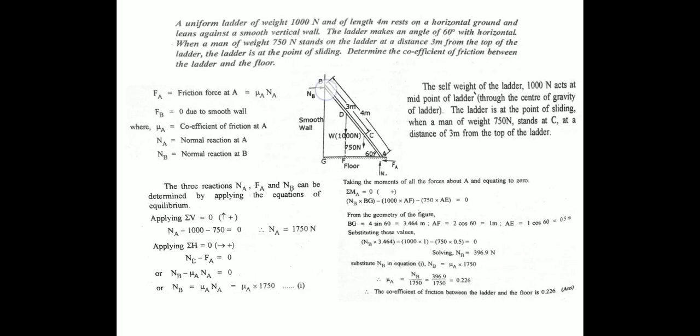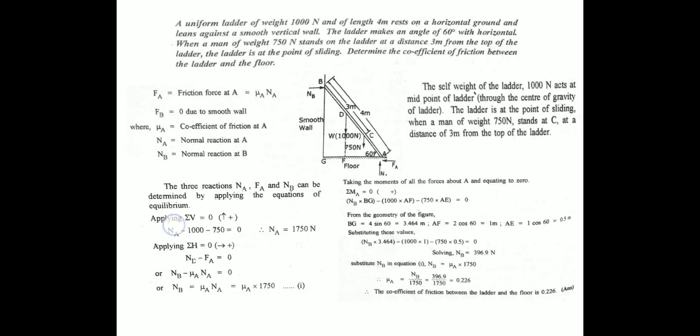So a man is climbing on the ladder. The man weight is 750 Newton. He is standing at a distance of 3 meter from top. So from top 3 meter, a man is standing. His weight is 750 Newton.